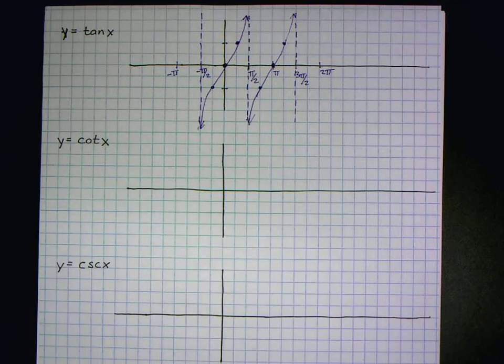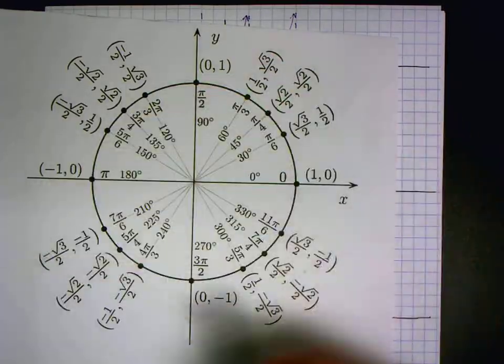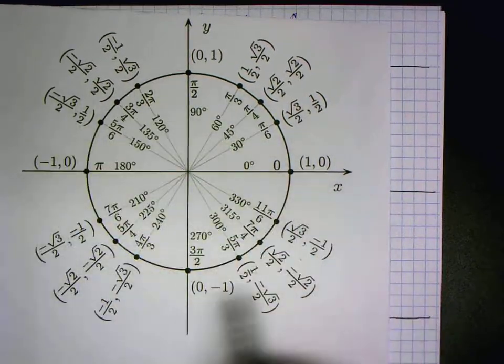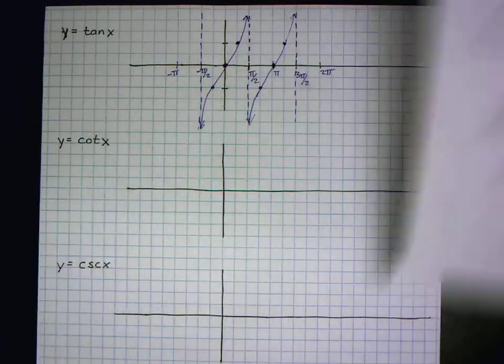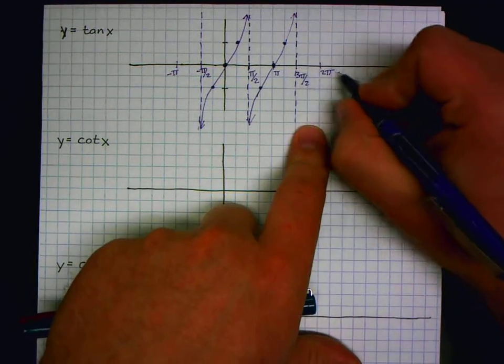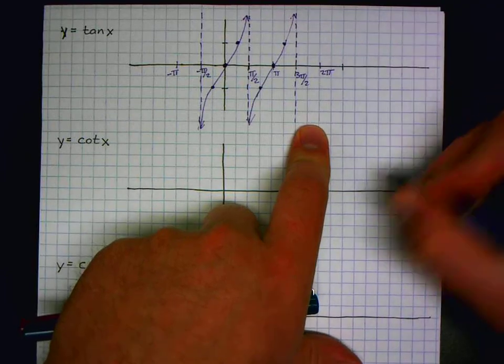So how would you know if it repeats? All trig functions repeat because we keep going around this circle over and over again. So once I've completed my circle, I'm just getting the same values again. So you just basically repeat it. So I could just keep going. My next mark is going to be over here.